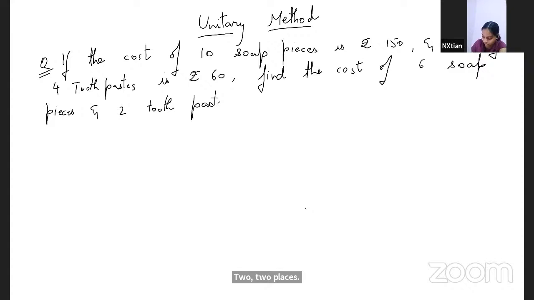Ma'am, six soap pieces will be 90 and two toothpaste will be 30. Yes, that is right.